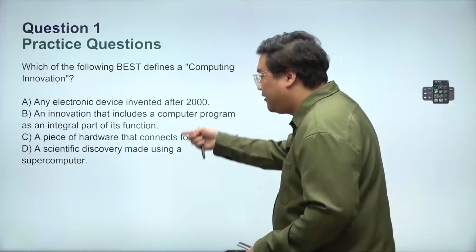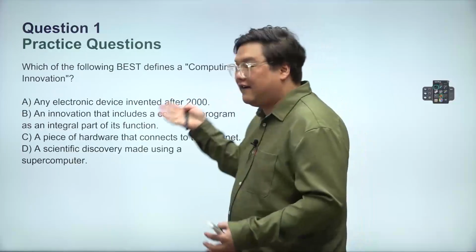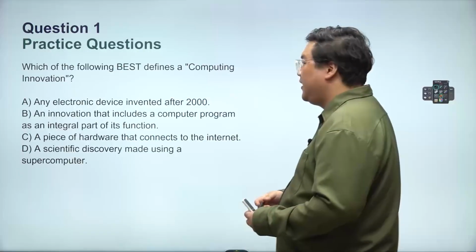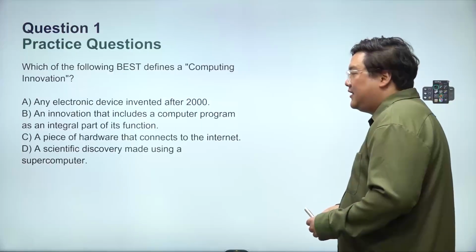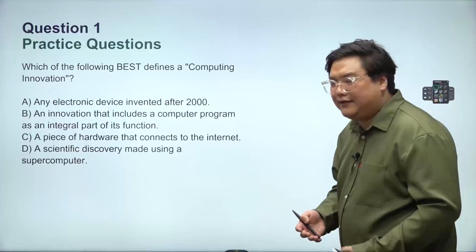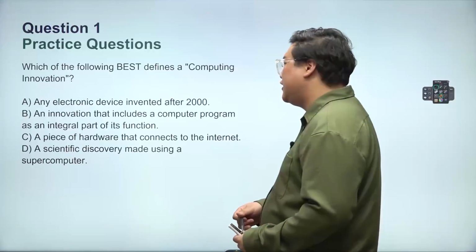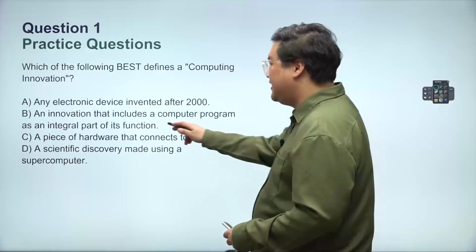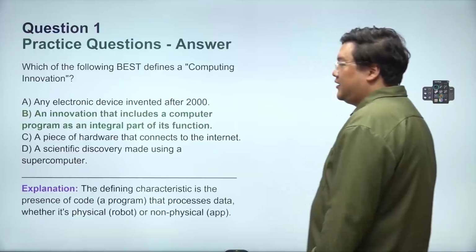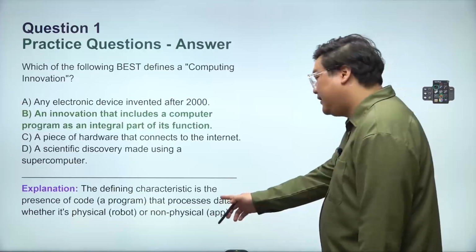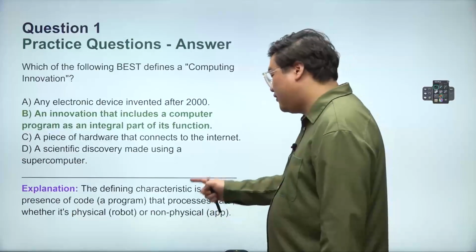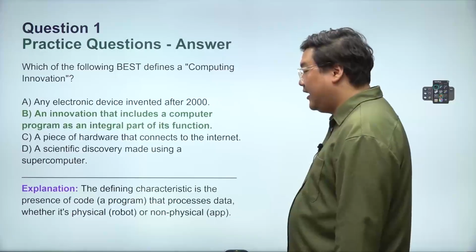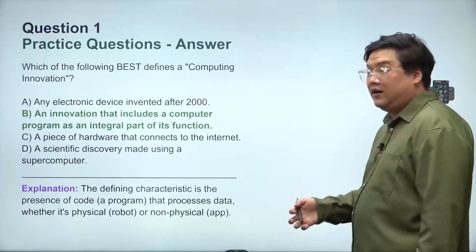Also, these are not straight definitions, right? So, any electronic device invented after 2000. There is no date limitation of what an innovation is. We said an innovation that includes a computer program as an integral part of its function. So the defining characteristic is the presence of code that processes data, whether it's physical or non-physical.